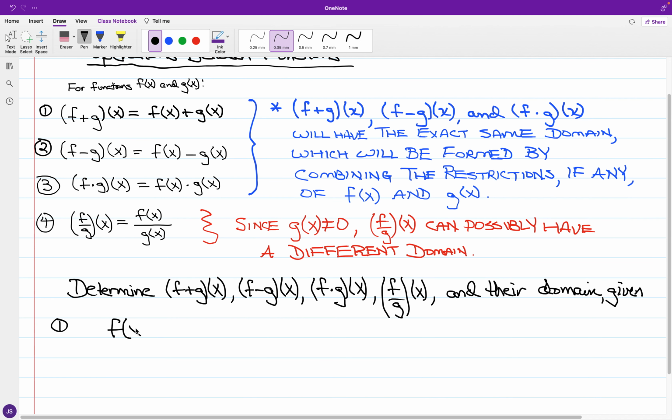And we'll say that we have f of x is equal to x squared plus 1 and we'll say that we have g of x is equal to x squared minus 4.